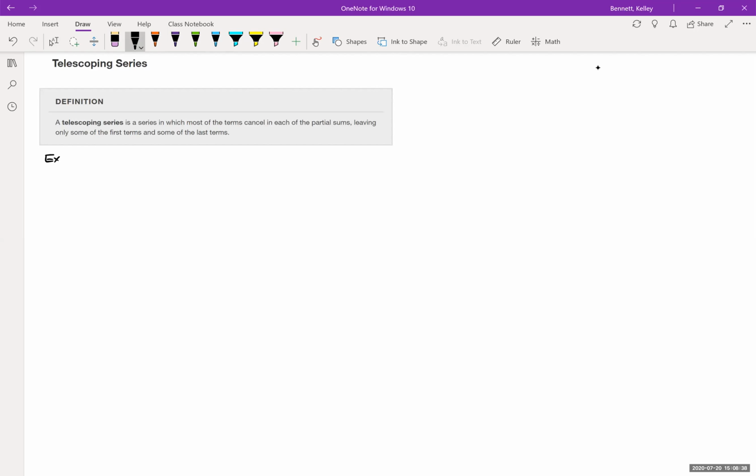So consider the example that we had before, the sum from 1 to infinity of 1 over n times n plus 1. I want to write this as the sum of two different fractions. So let's use a PFD. We can go about this the same way. We have two distinct linear factors, so this is going to be A over n plus B over n plus 1.